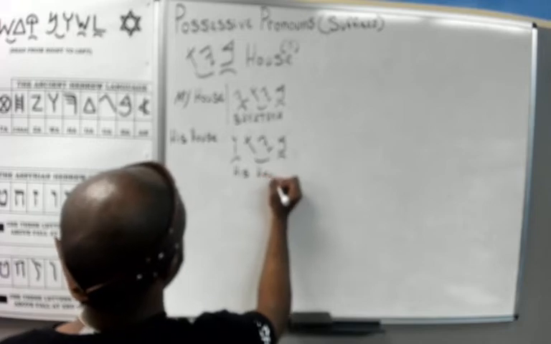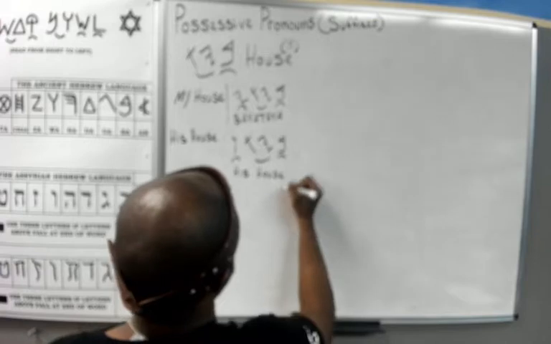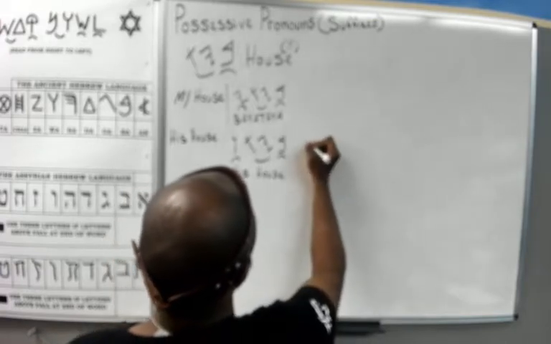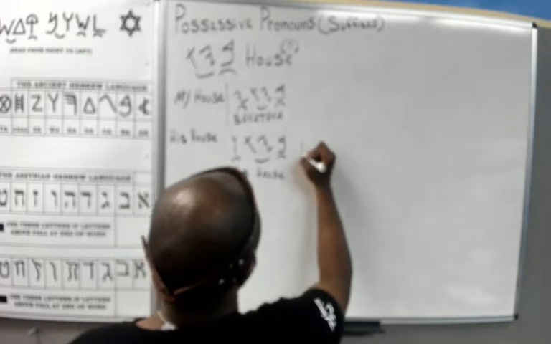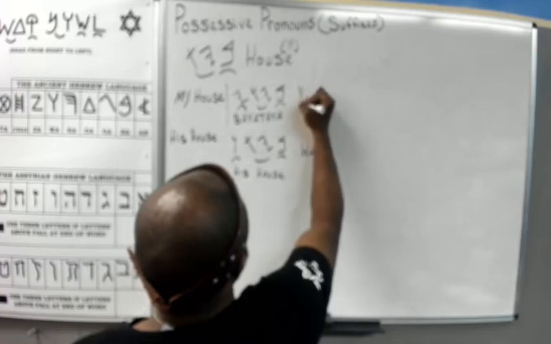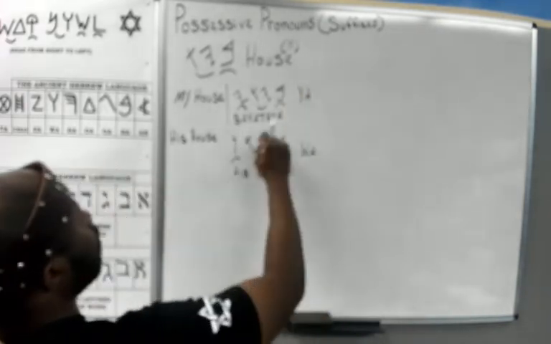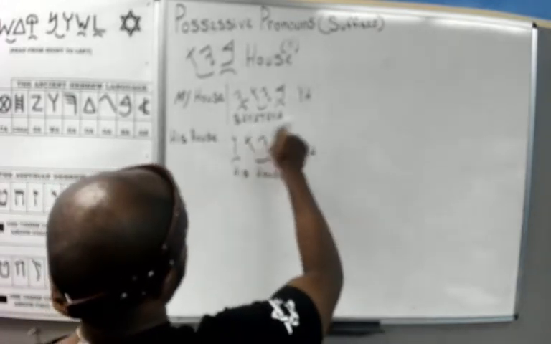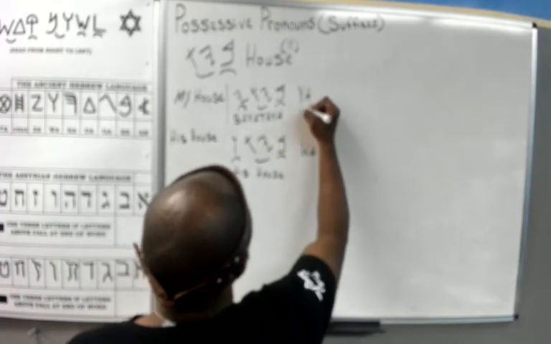I'm going to write out the preposition right here next to it. So we have ya at the end, which is my house, if it happens to fall as a suffix, and then we've got wa, which is going to be the his.